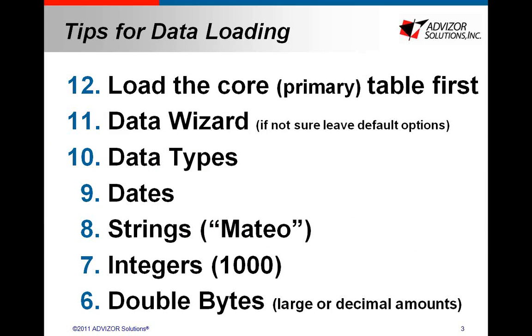But same as loading the primary table first, you want to make sure these are set properly from the start, because then you don't have to make any changes later. So now let's get to the different data types.